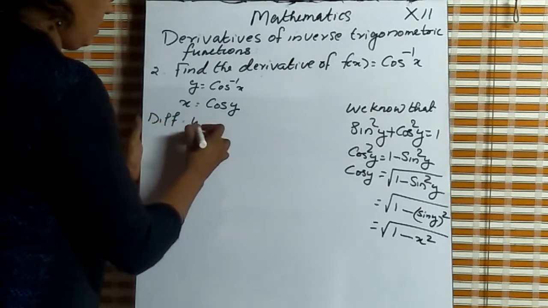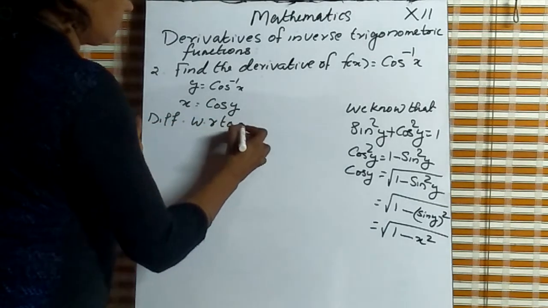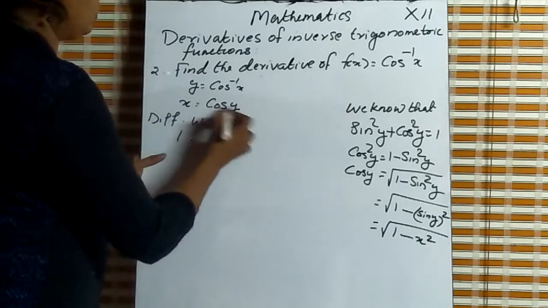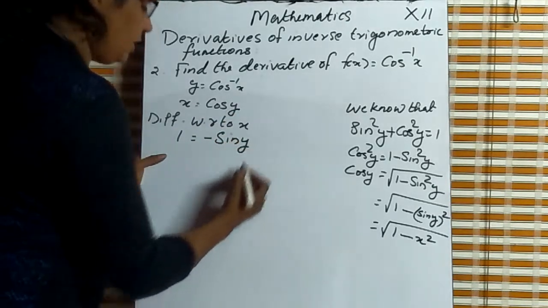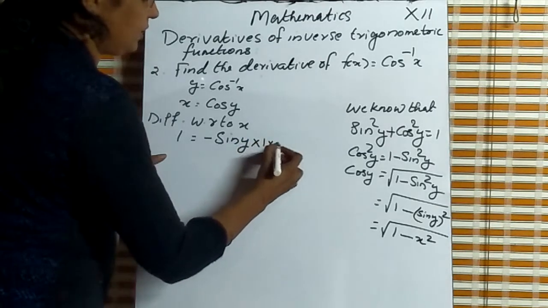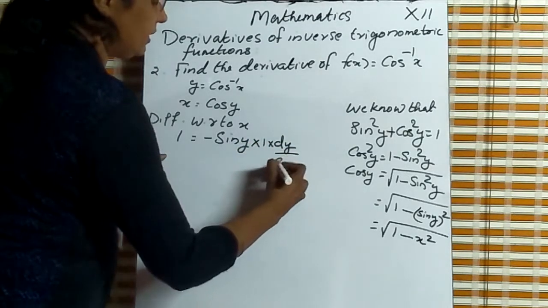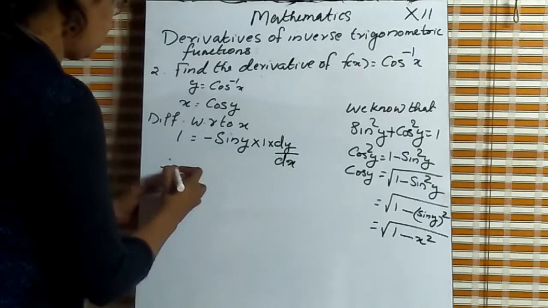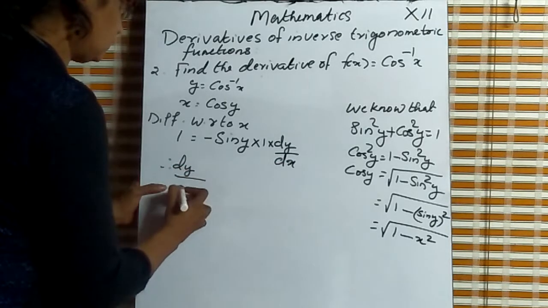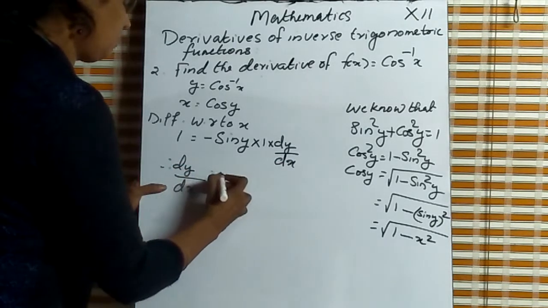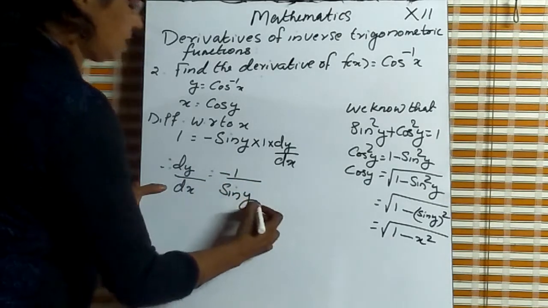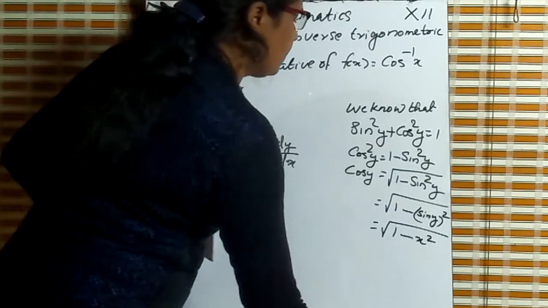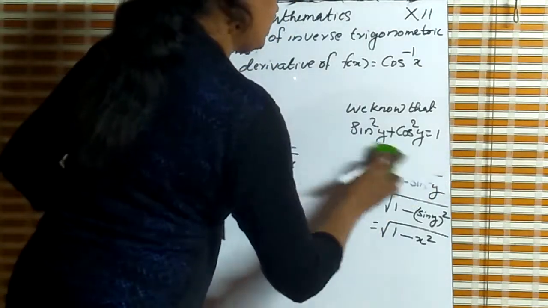Differentiating with respect to x, 1 is equal to the derivative of cos y, which is minus sin y, into dy by dx. Therefore, dy by dx is equal to minus 1 by sin y.